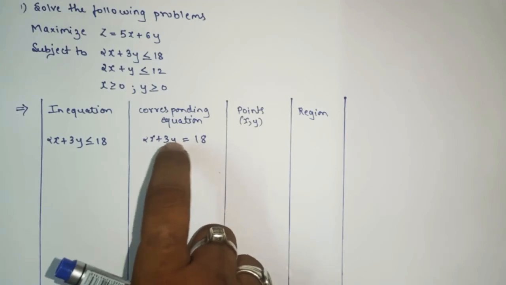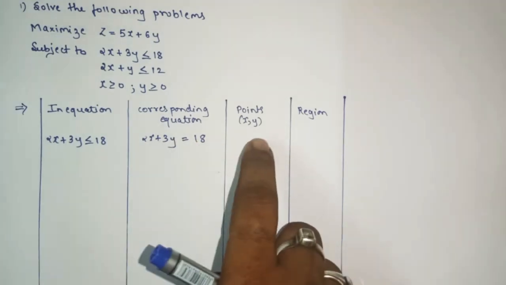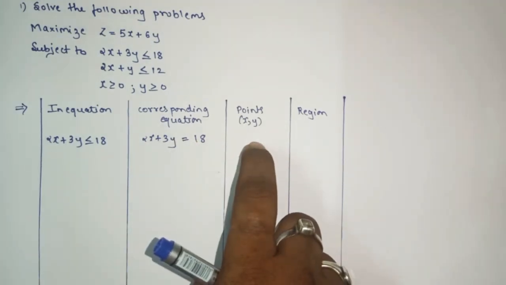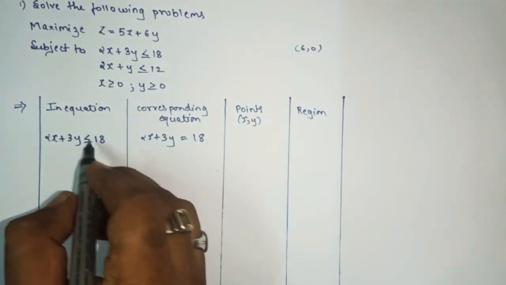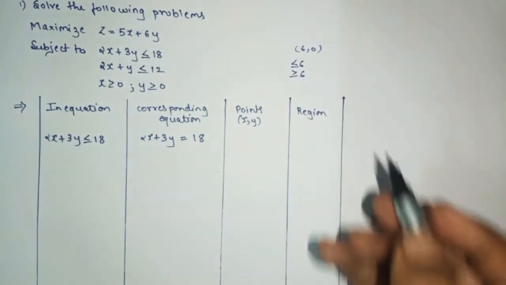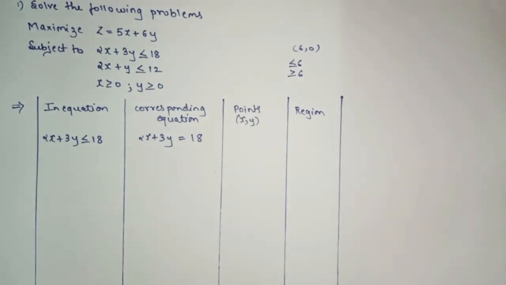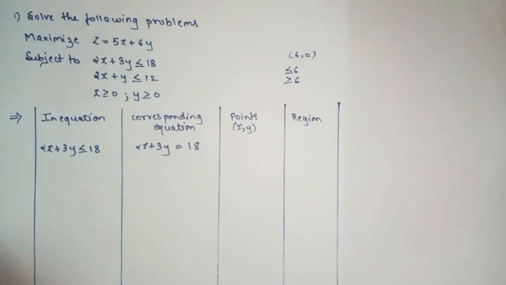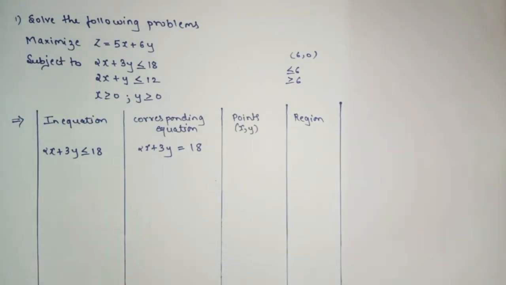Without converting into the corresponding linear equation, you cannot find your points, because here you will get the proper point like 6 comma 0. If it is less than or equal to, or greater than or equal to, the value will be less than or equal to 6, or greater than or equal to 6, and the graphical part will be imperfect. To make it perfect, you have to convert it into a linear equation.